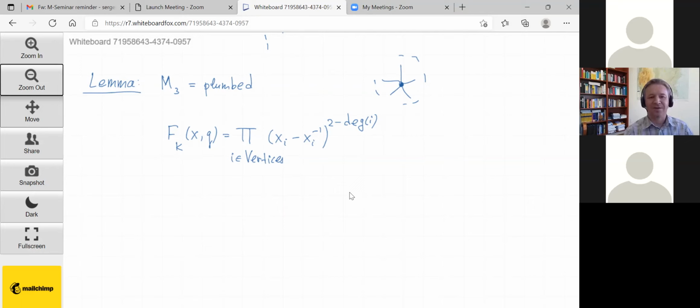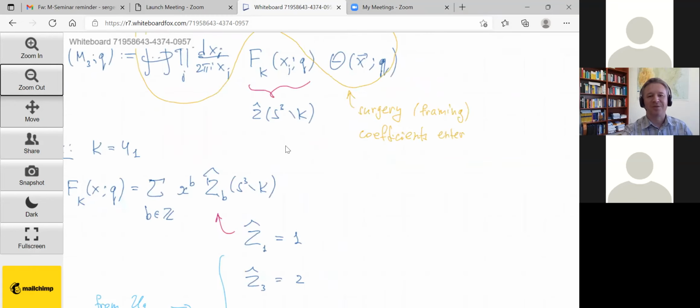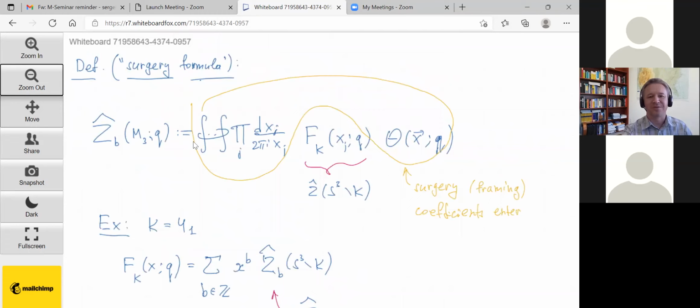The surgery formula, it's a definition. According to you, Z hat_b of M3 equals this multiple integral. Correct. Yes. But it's too complicated to be a definition. Well, we want to define an object and then prove certain statements about its properties, its behavior, right? So is there a question about the definition? I'll scroll back; you're referring to this definition, right? Yeah.